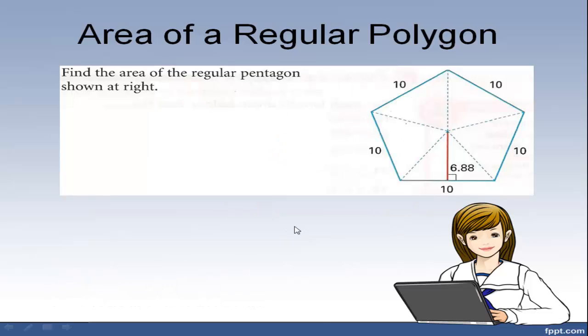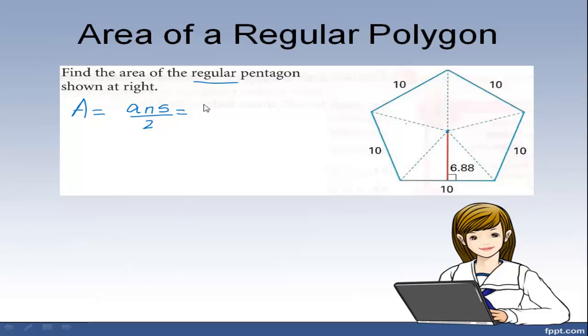Let's see an example. Here I have a regular polygon. Now notice it says regular. That's important because this formula for area of regular polygons is only for regular polygons. A times n times s over 2. So A is given. Remember, that's the altitude or the apothem.